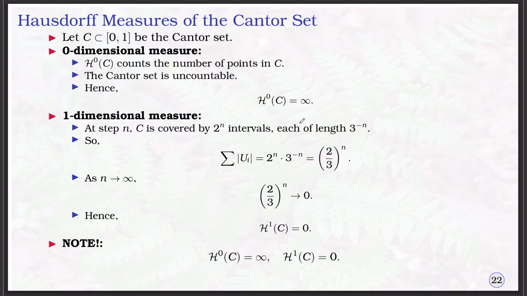Now we can note that for the Cantor set, if you are finding the 0 dimensional Hausdorff measure, it is infinity. The 1 dimensional Hausdorff measure is 0. As we discussed in the last lecture, you can take a line segment.